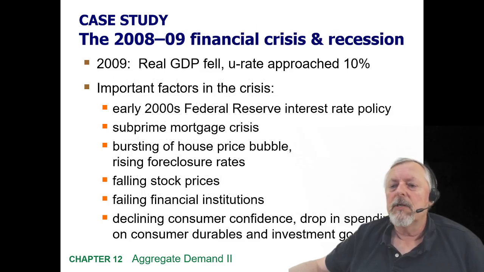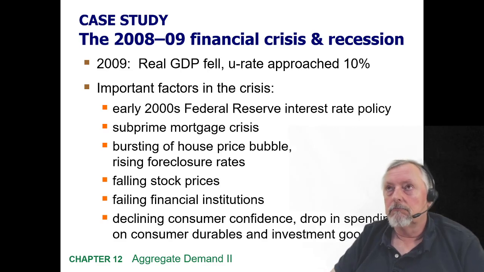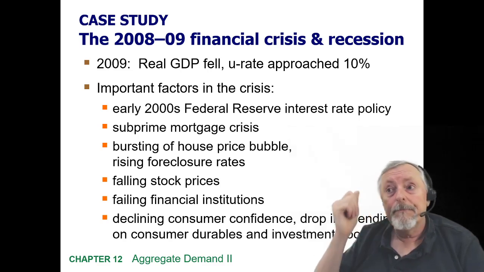Now, let's look at the Great Recession that started in 2008. Ben Bernanke was the chair of the Federal Reserve about 3 chairs ago. Before that, he was an economist at Harvard. He was one of the world's leading experts on the economic history of the Great Depression.